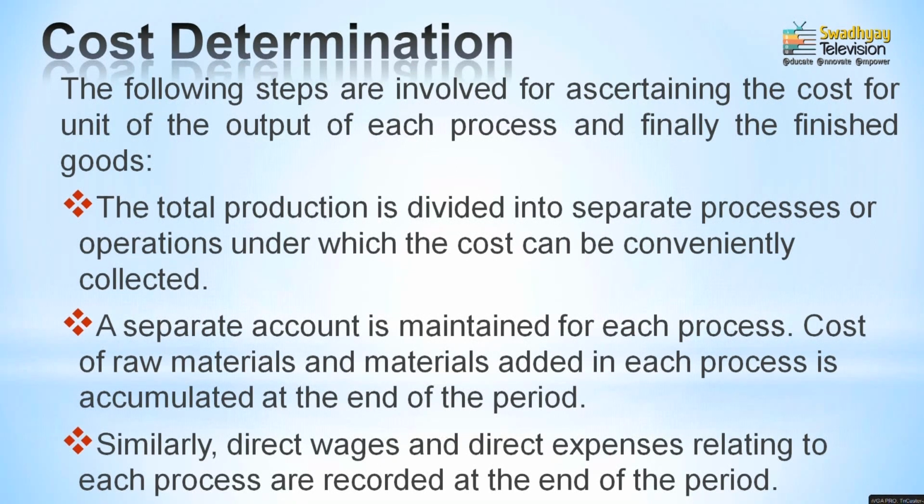The first point is that the total production is divided into different processes. As I already mentioned in the characteristics, the manufacturer or producer has to identify how many processes, operations, and departments are required to manufacture this product. So the whole production process is divided into different parts, and those parts are identified along with the cost or elements of cost, precisely identified for the respective department, process, or unit.